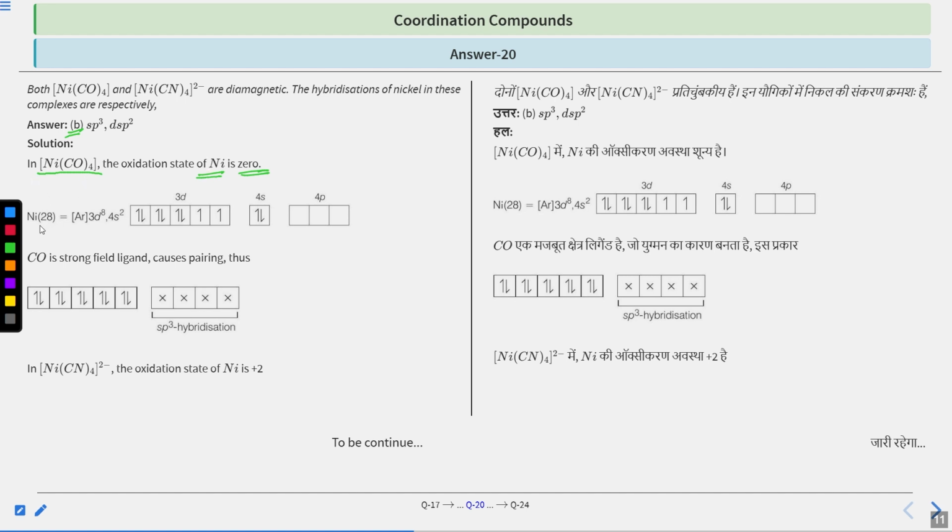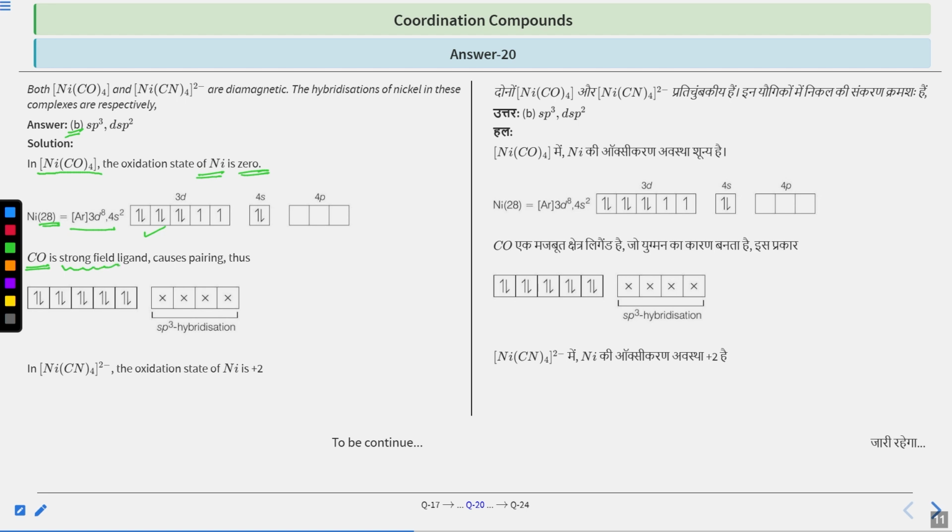Ni has atomic number 28, so its electronic configuration will be argon 3d8 4s2, and this will be the orbital filling, 3d8 4s2 and 4p here. CO, carbon monoxide, is a strong field ligand.